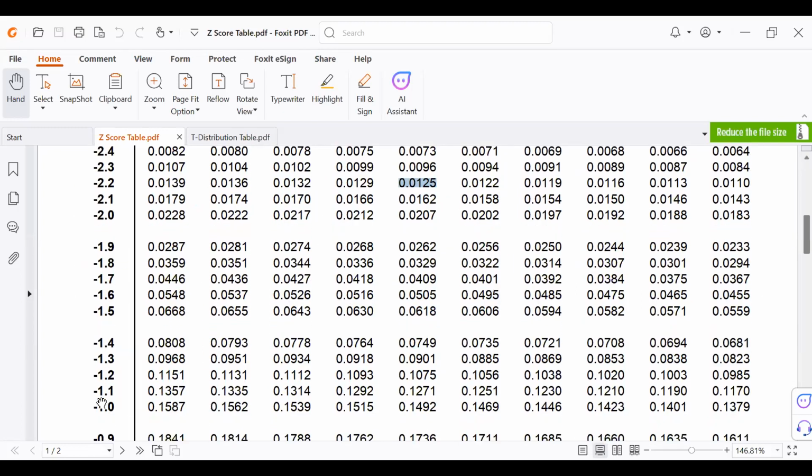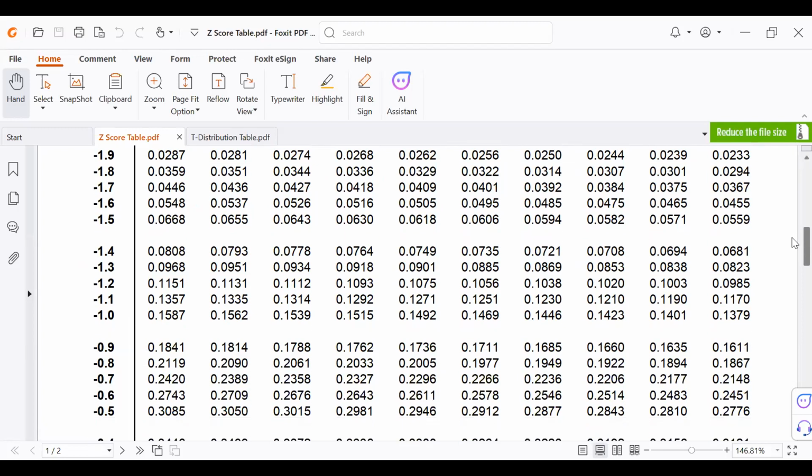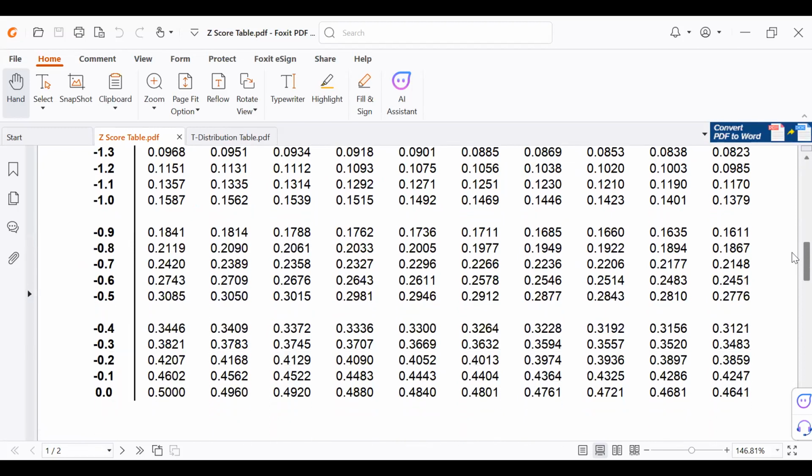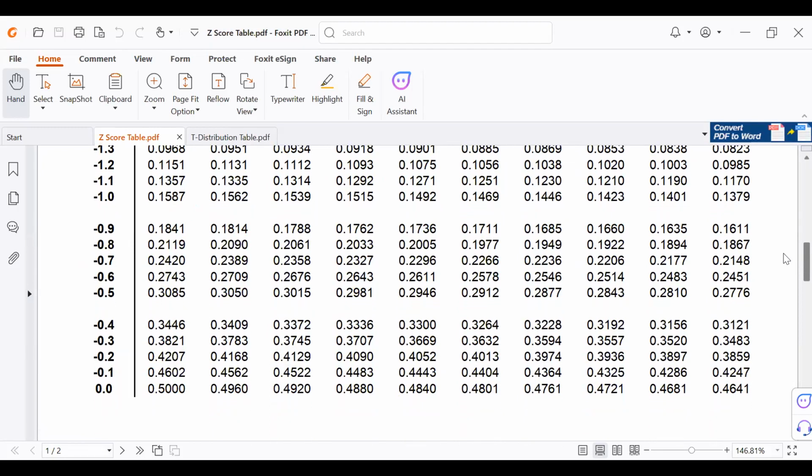We have negative 0.13. Is it this? Let's check this. Yes, that's it. Okay. All right.